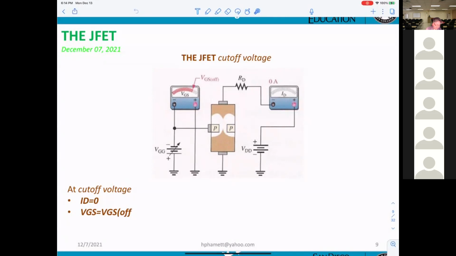And at this time, VGS will be equal to VGS off. Go back to the definition for VGS off: VGS off means VGS at ID equal 0. No ID current.